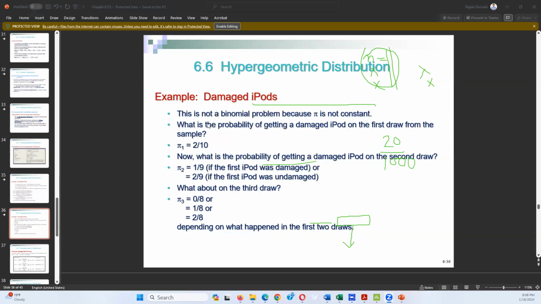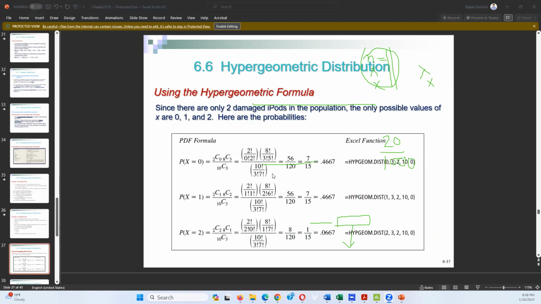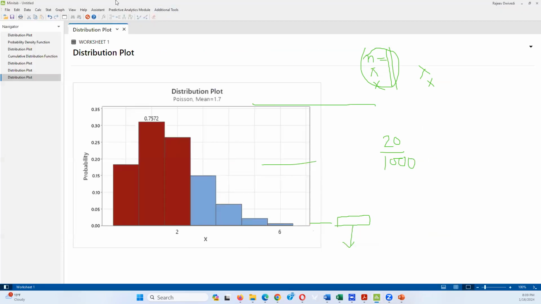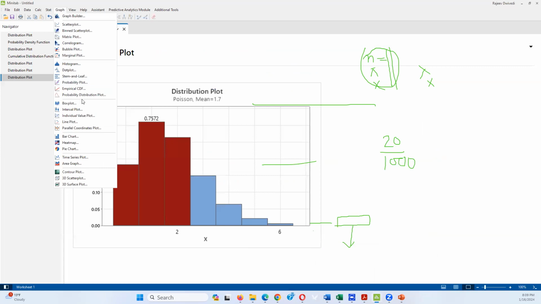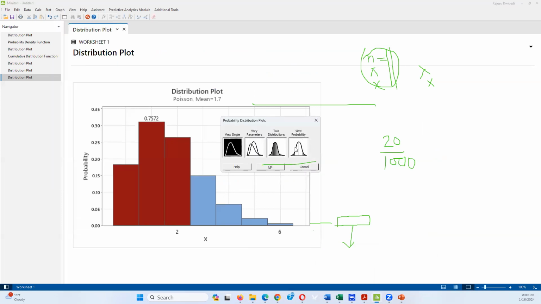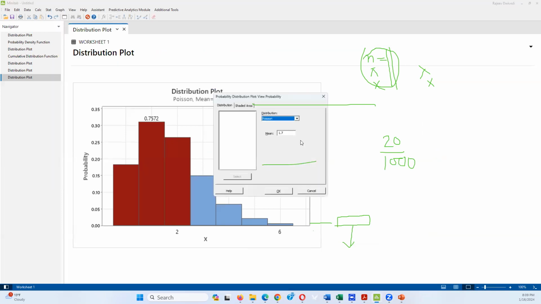So X equal to 0, X equal to 1, X equal to 2, you can use. Now, how do we put these numbers in Minitab? I'm just going to demonstrate. Graph, Probability Distribution, and View Probability Distribution.